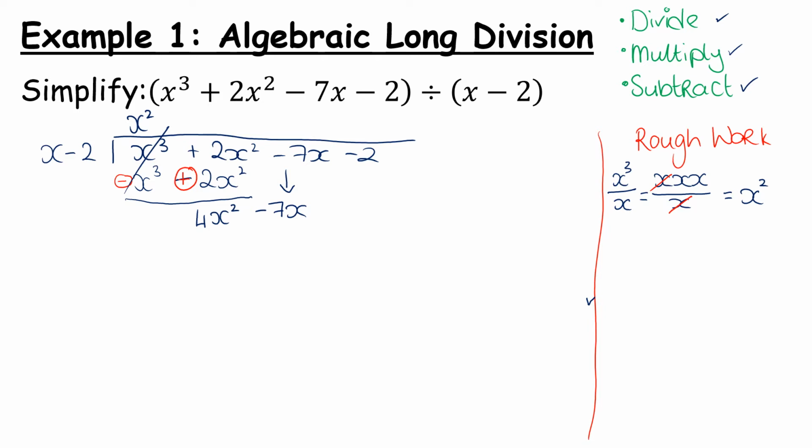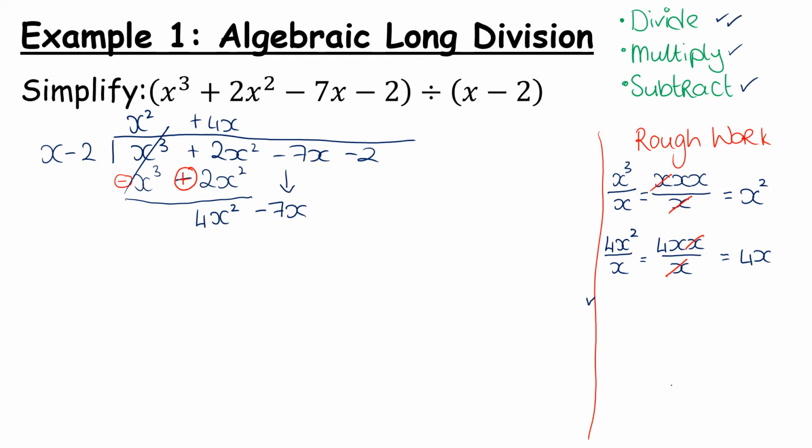So let's do our divide. We have 4x squared divided by x, and that will leave me with 4x. So it's a positive 4x here. Now we've done our divide, let's do our multiply.